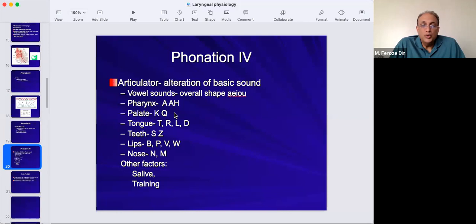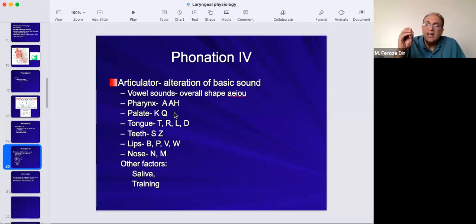Similarly, the tongue is used to make sounds like t, r, that's a vibration, l, and d. All these sounds are made by the tongue. The teeth are used to make s and z. And then we use our lips for the ones that blow the sound.